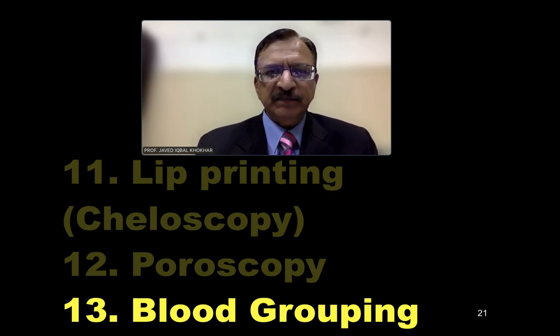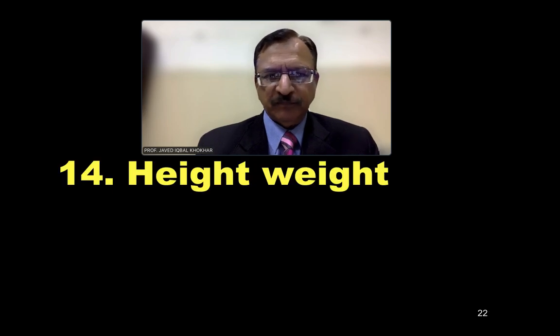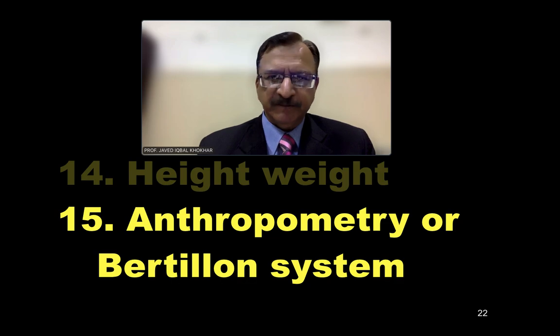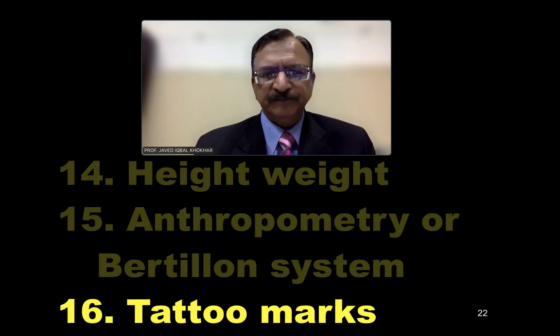So these are the major which are used. Then height and weight proportionate of each individual. Anthropometry or Bertillon system, this is the measurement of various body parts, and this is also very characteristic.